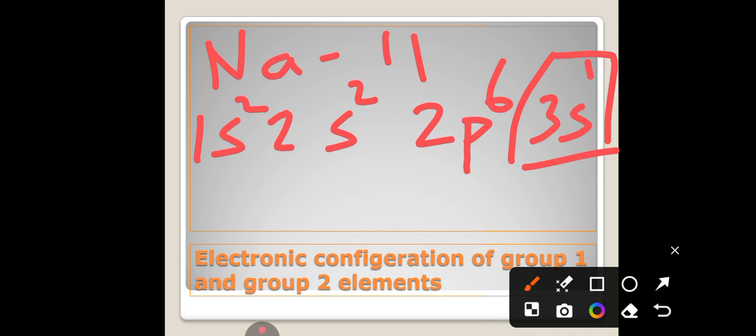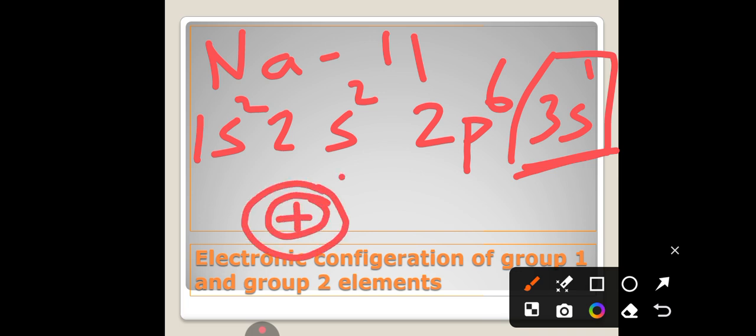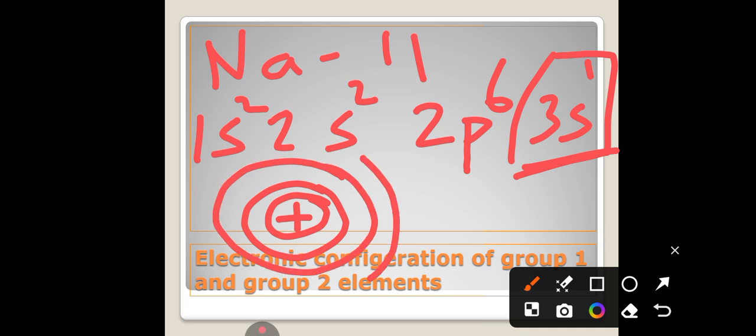The valence orbital is going to be 3s. So in the 3s orbital, I can observe one electron. It will look something like this. Let's say this is the nucleus, and this is the K shell and L, and this is the M shell. Here in the M shell there is one electron. Now this electron is the valence electron.